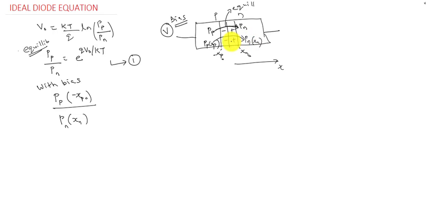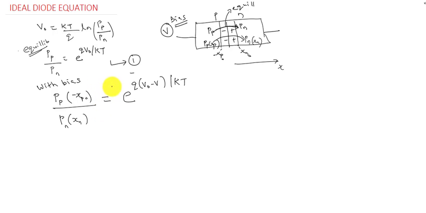So this ratio, PP of minus XP by PN of XN, is equal to e raised to Q times V naught minus V by KT. From equation 1, V0 is the equilibrium value.